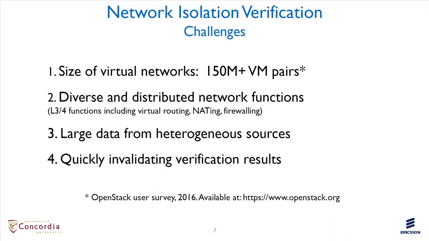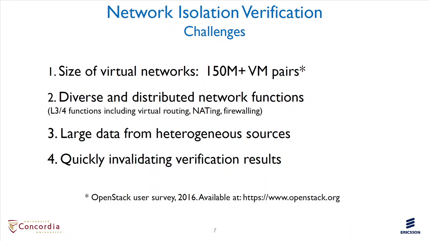Also, we have diverse and distributed network functions, such as layer 3, layer 4 routing, NATing, and firewalling. Additionally, for verification, we need to collect a large amount of data from different sources in the cloud.